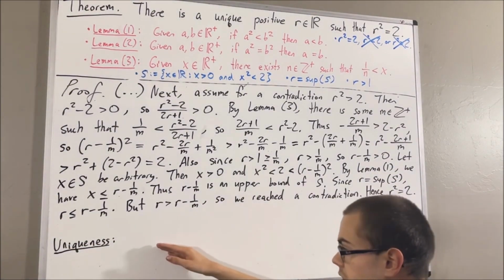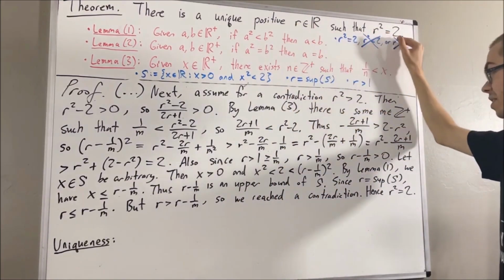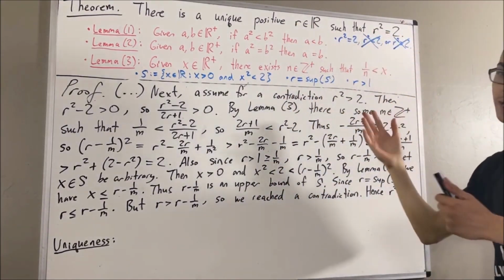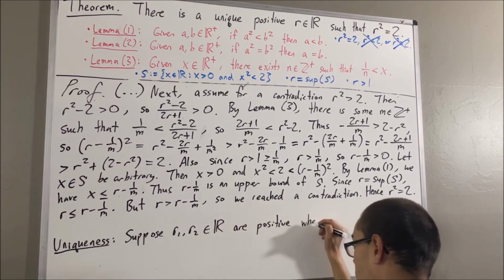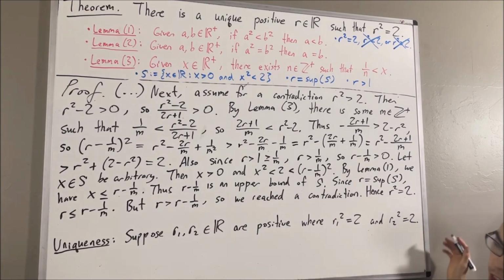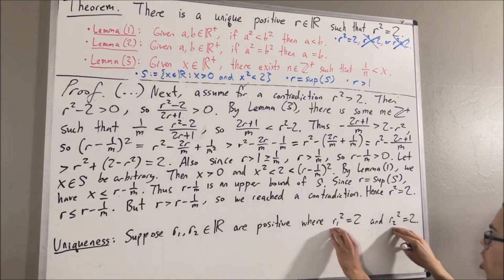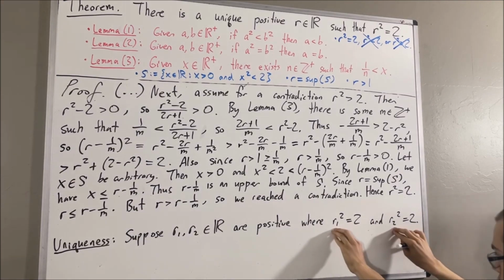And to prove uniqueness, suppose we have 2 positive real numbers that satisfy this condition. I'll call them R1 and R2. The whole goal is to show that R1 is equal to R2. Well, since R1 squared and R2 squared are equal to the same thing, they must be equal to each other.